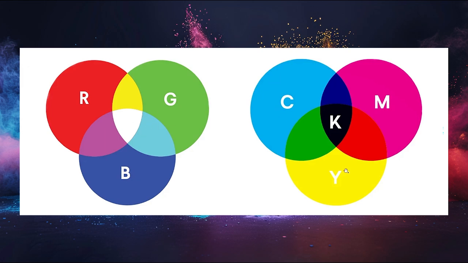In contrast, CMYK, which is cyan, magenta, yellow and black, is a subtractive colour model used for physical printing. So anything you want to print physically is best in CMYK, and it creates the colours by applying ink to a surface with all the colours together producing black, which is necessary for accurate prints.